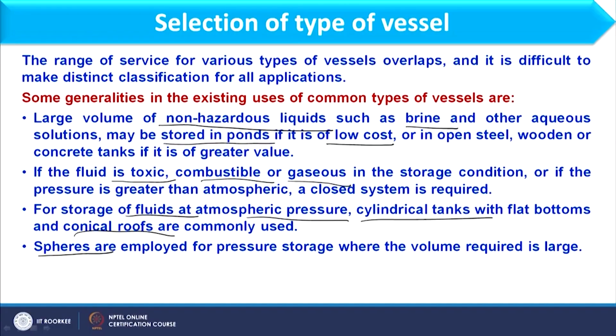So, if I need to store the fluid at atmospheric condition, we can use a cylindrical vessel with flat bottom and conical roof. The next guideline is to use the spherical shape vessel, particularly for storing a large volume of fluid. If your volume is significantly high, instead of cylindrical you can go for a spherical vessel.